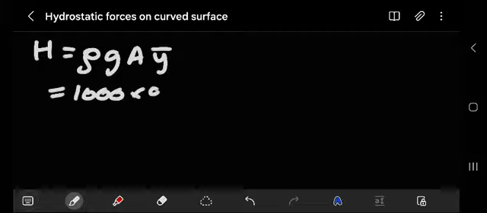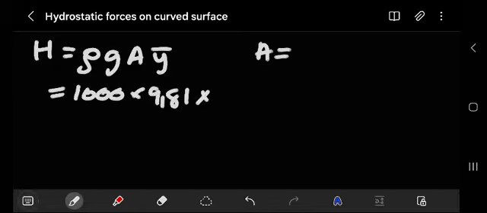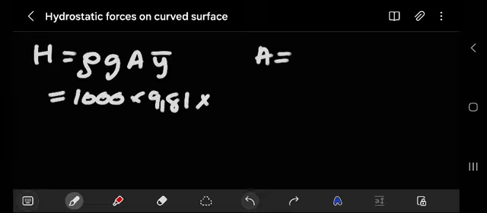Since it's water, the density is 1000, multiplied by gravity 9.81, multiplied by the area. The horizontal area will be y multiplied by the width.